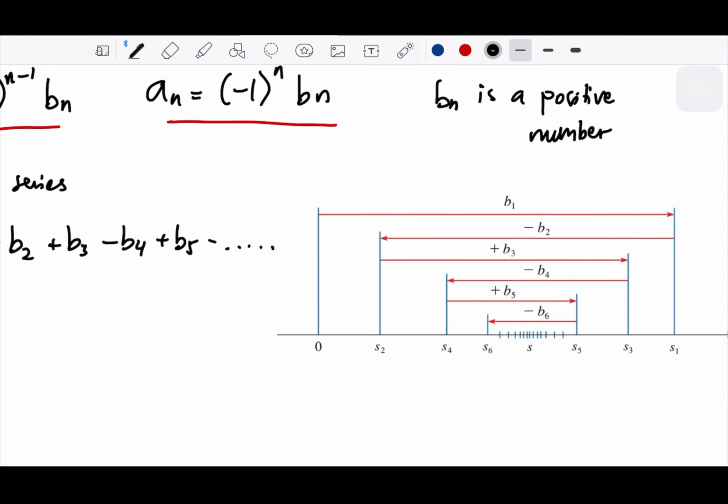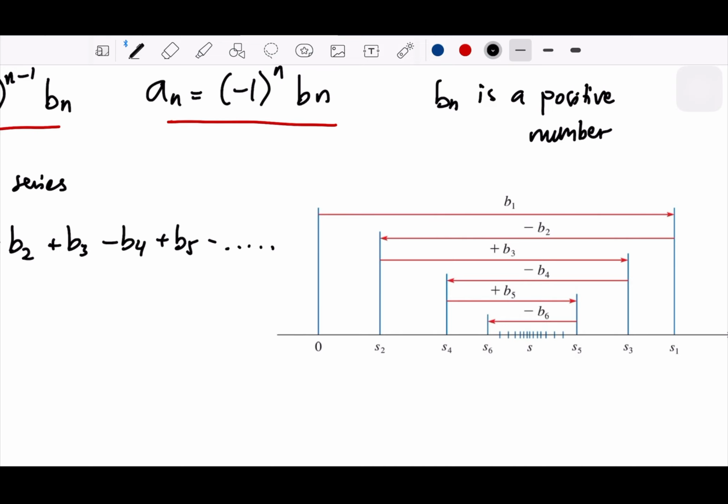And then the second term, minus B2. Stop here. This is our partial sum S2, the second term. And then plus B3, and minus. Eventually, you will end up probably around here. Using the limit, we have simplification here, maybe. That's our S. Right? Okay.